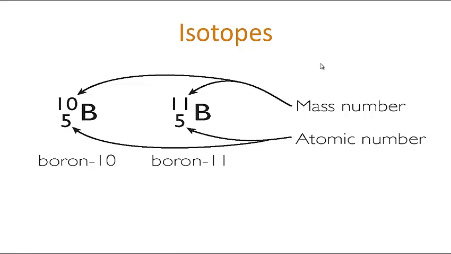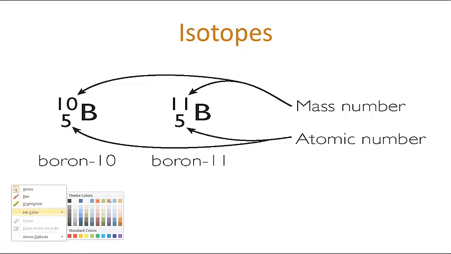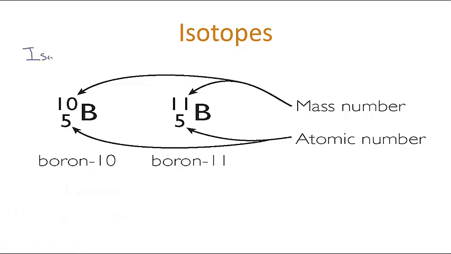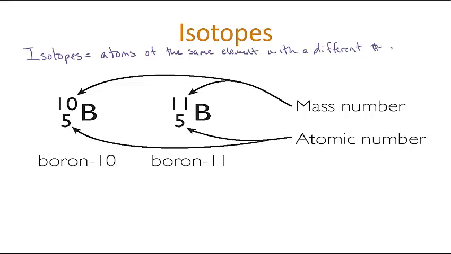Remember, isotopes, the definition, is atoms of the same element with a different number of neutrons. All right. So basically, if they have a different number of neutrons, they're chemically very similar because they have the same number of protons, but they have a different mass.